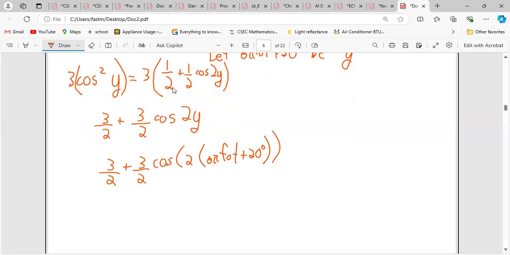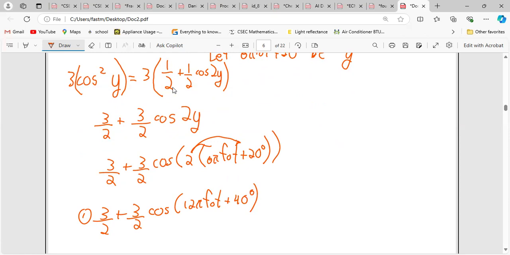Right, and now because there's a 2 here, you can just factorize it out. So the final form of it will be 3 over 2 plus 3 over 2 cos of 12 pi f naught t plus 40 degrees.